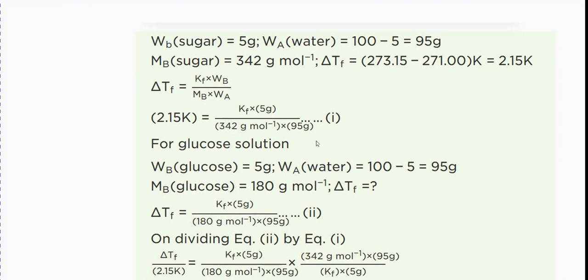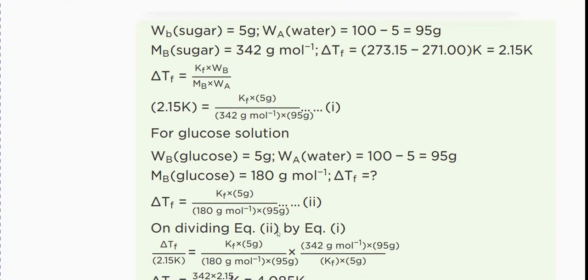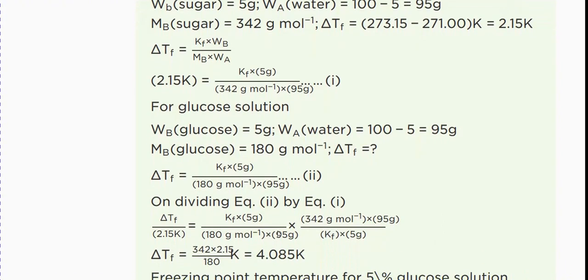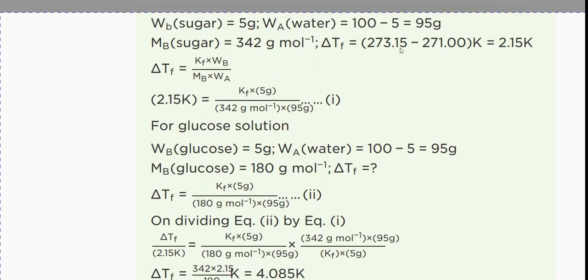Okay, now we can divide equation 2 by equation 1. We don't know the value of ΔTf for glucose; that is what we have to find out. But for cane sugar we found the ΔTf value from the given values.